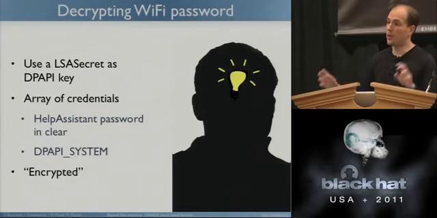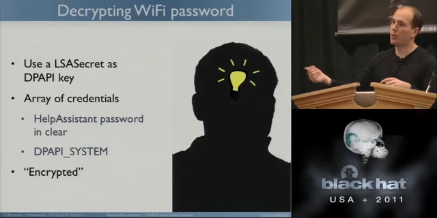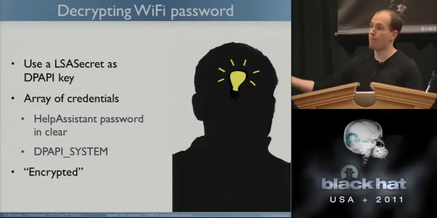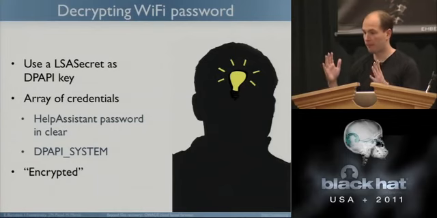If you remember, the syskey is the thing which encrypts the SAM, which should be on a USB key if someone actually ever does that. And it's basically an array of credentials. Inside this, you have, for instance, the HelpAssistant account password. It's there if you want to recover it. And you also have the DPAPI system key, which is actually the key that we are looking for to decrypt the Wi-Fi key.